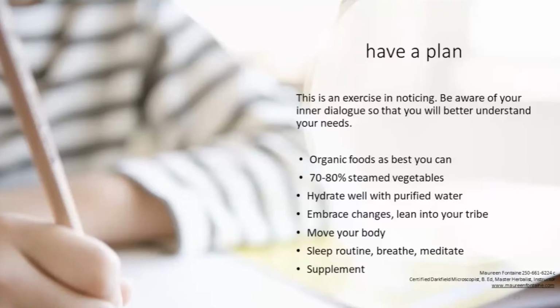So the basics: organic foods as best you can, 70 to 80% steamed vegetables, hydrate well with purified water, and embrace the changes. This is where having conversations, noticing where they're settling or resisting or denying the help, or where they're just so stuck, is part of what being a practitioner is about. So you notice and help them with that aspect as an adjunct to what you're doing.